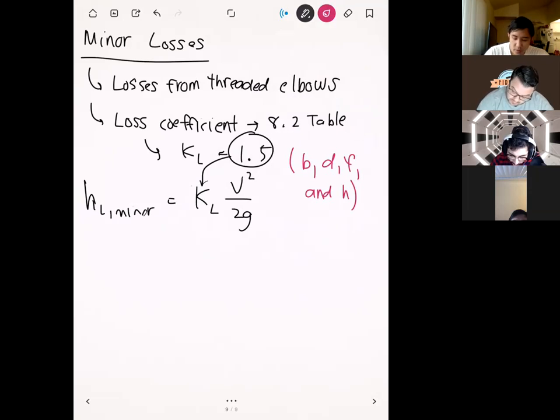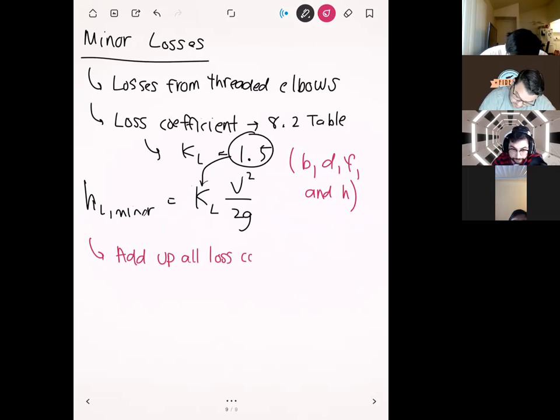Since the loss coefficient is just a coefficient, we can simply add up all the minor losses associated with the elbows.